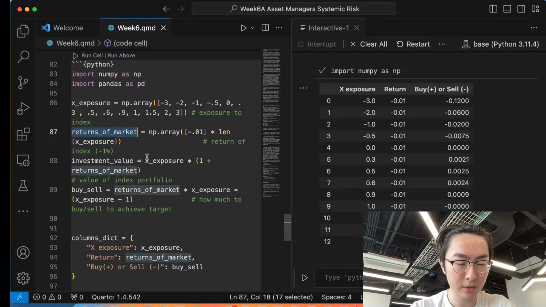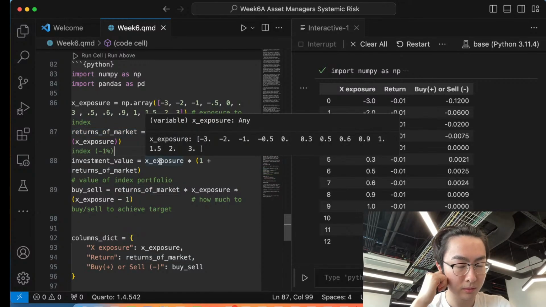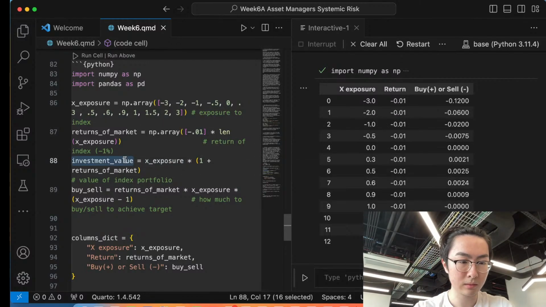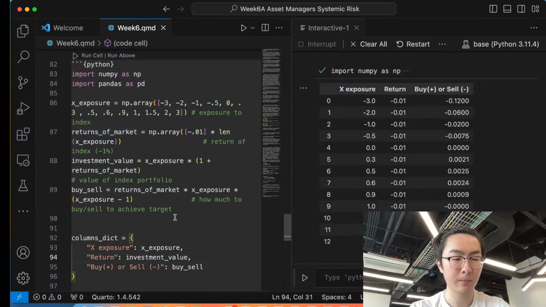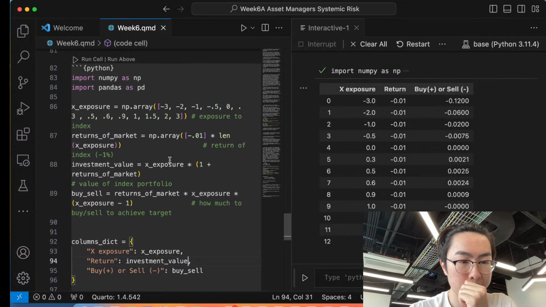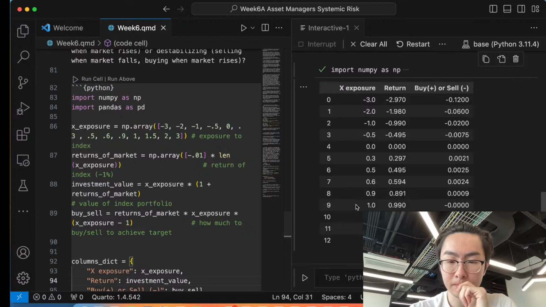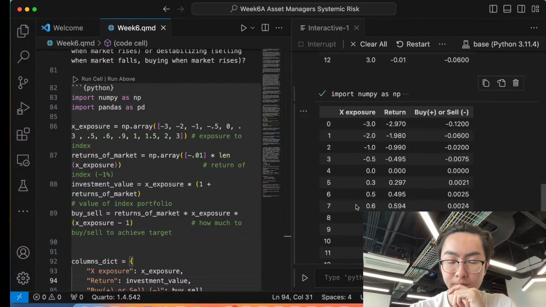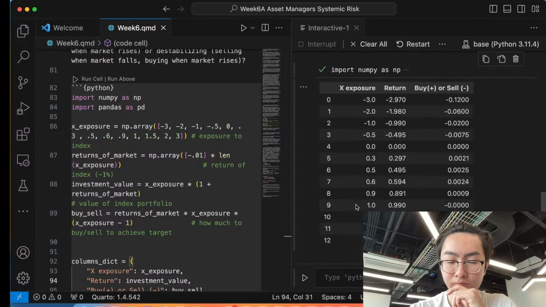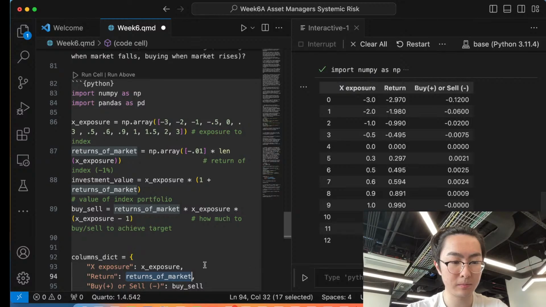Returns of market. Oh, wait. Returns of market.